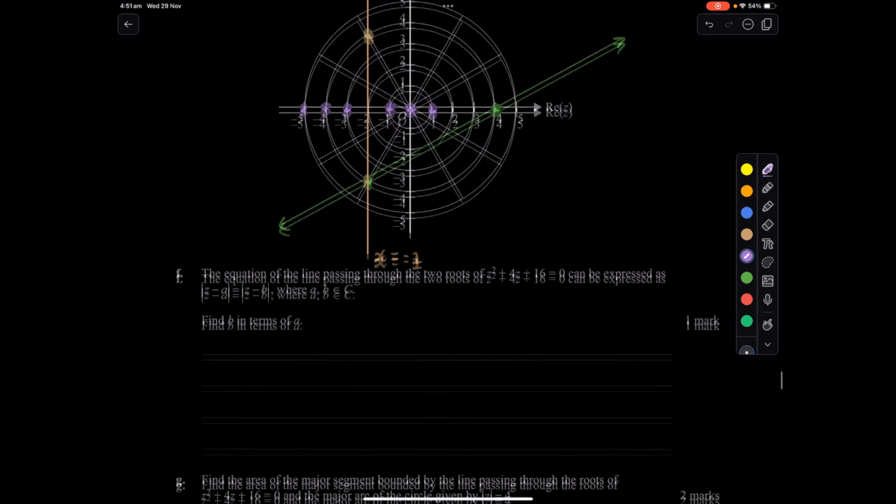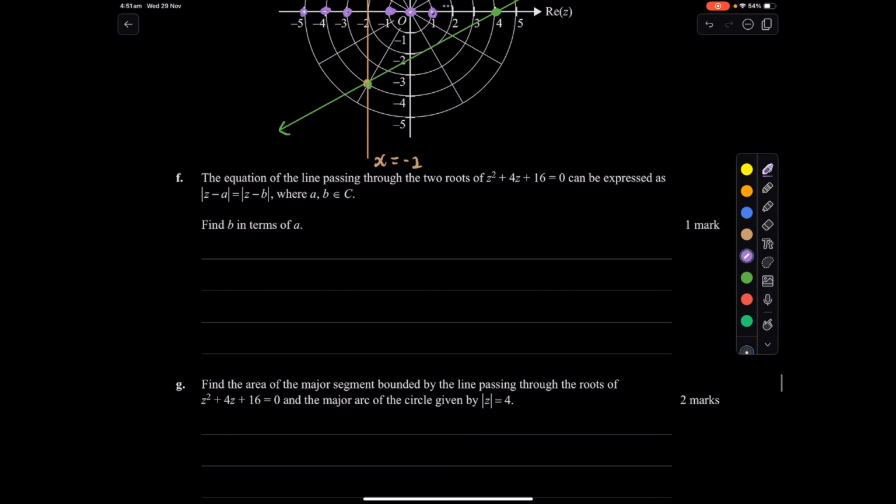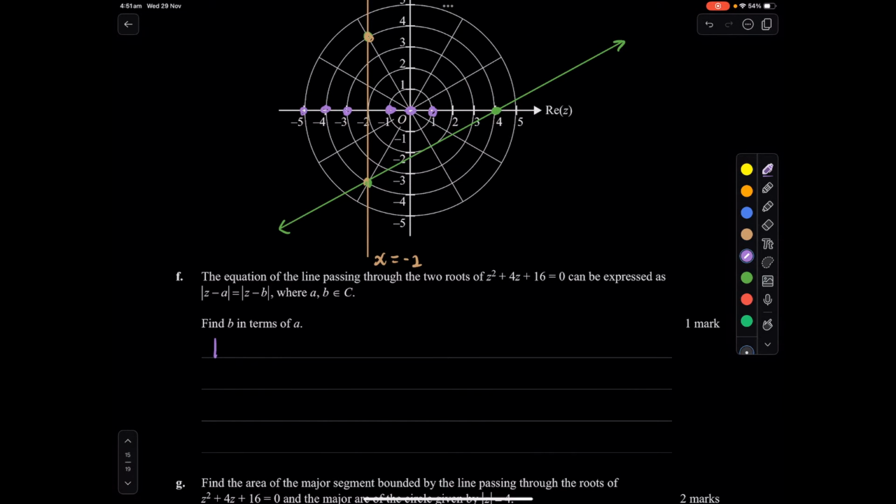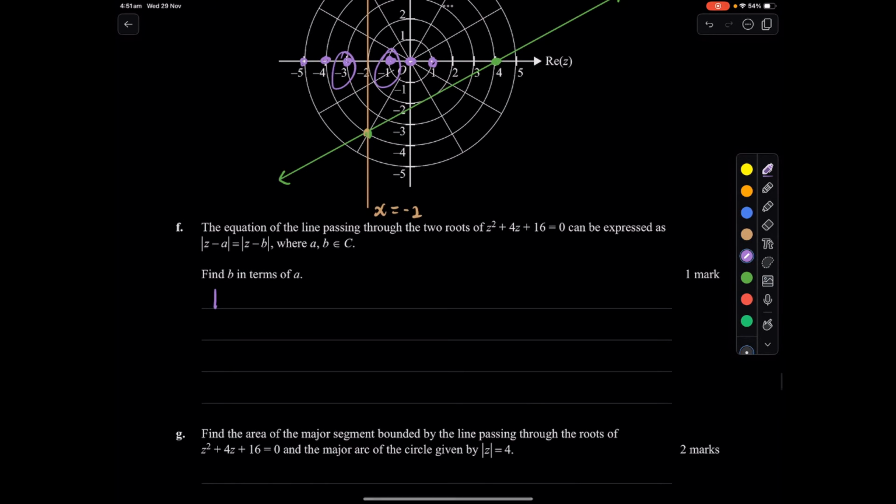So let's look at this example. Let's say we're going to put negative 1 and negative 3. So for example, we would write it as the modulus of z plus 3 equals the modulus of z plus 1, because this will be negative 3 on 0, and this will be negative 1 on 0.